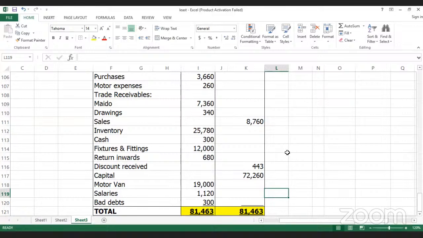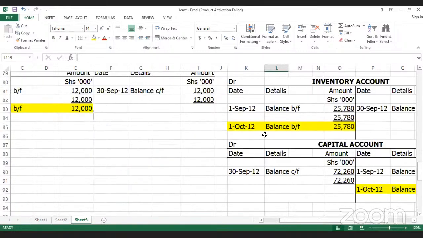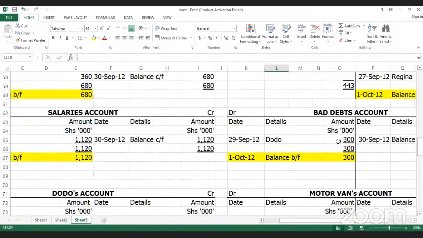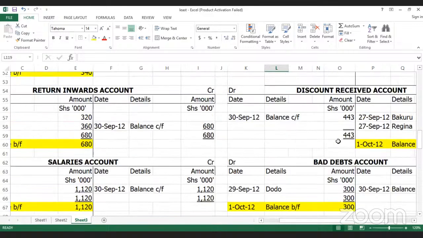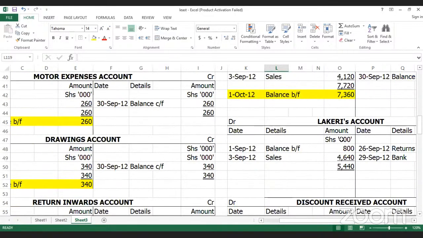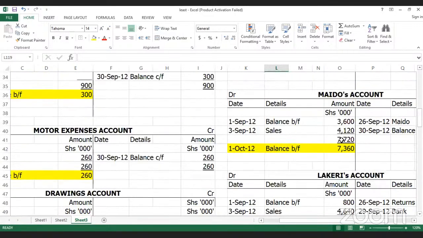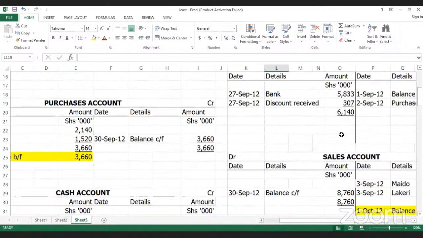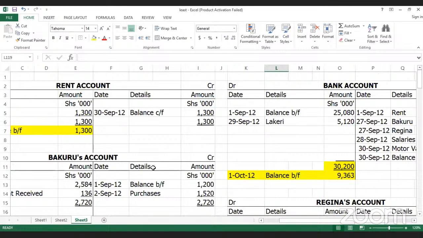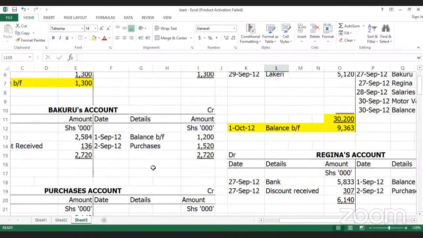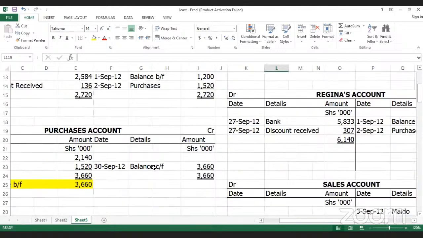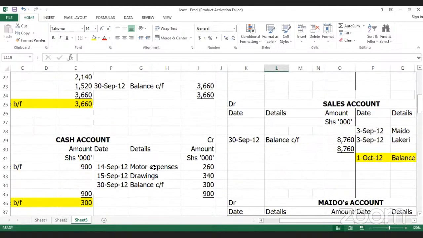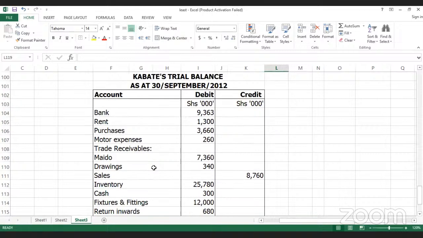For example, there are some accounts which we have not considered, accounts like Dodo, Lakeri, Regina and Liverpool, because all those accounts have no balances. So I would not take them to the trial balance. I take the ledger account with its balance.